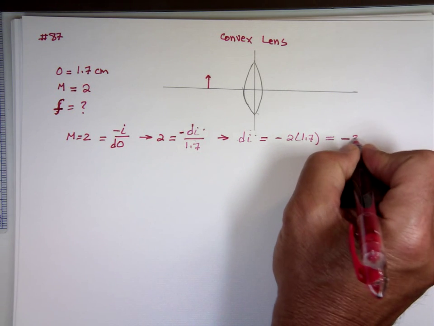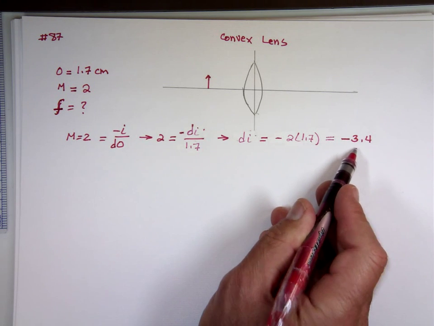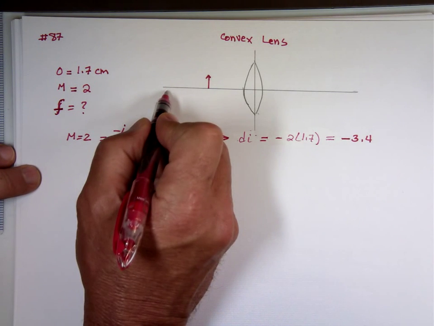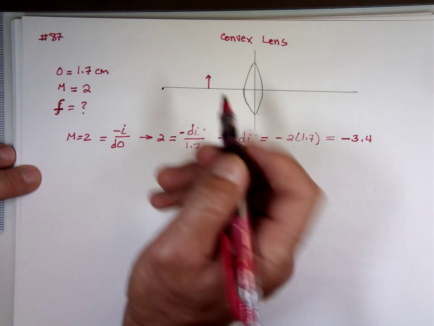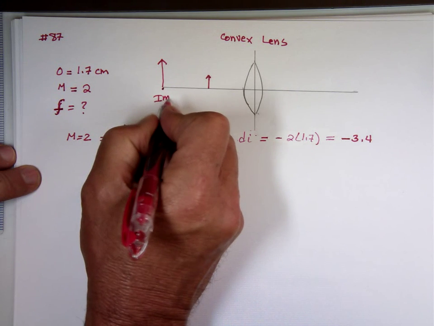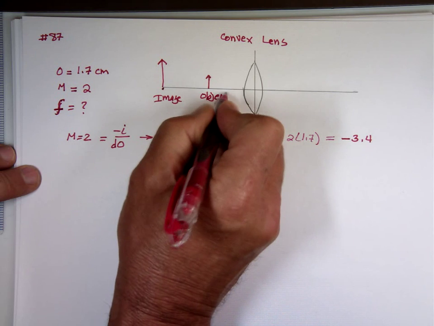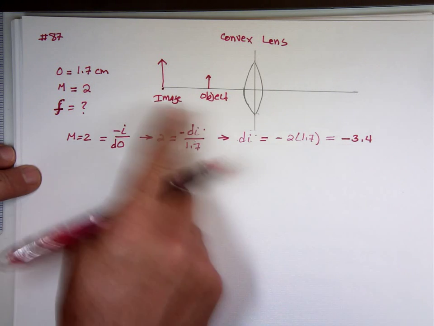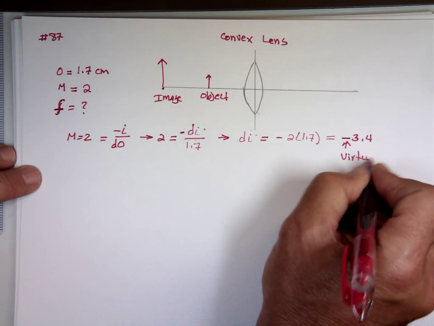So notice the image is negative. That means the image is going to be here, somewhere here. That's where the image is going to be, on the same side. It is negative. That means virtual. Virtual for lenses on the same side as the object. And the magnification much bigger.